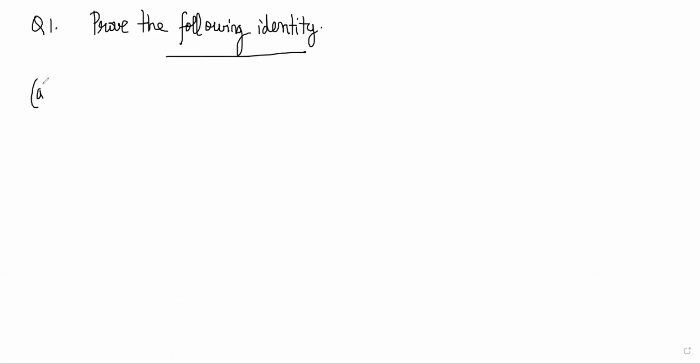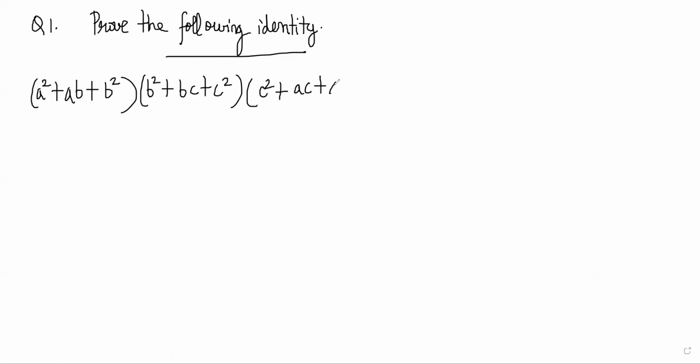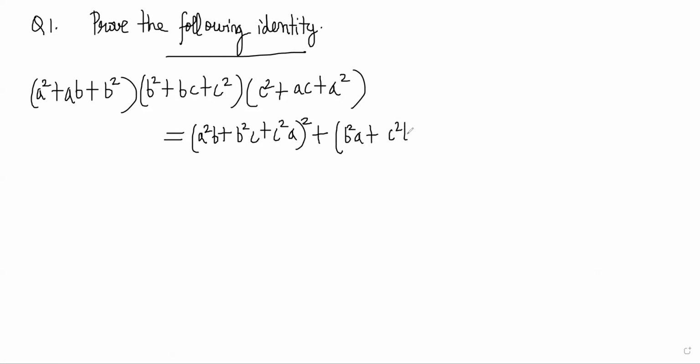So the identity looks like this: a square plus ab plus b square, multiplied by b square plus bc plus c square, multiplied by c square plus ac plus a square, is equal to, we have to show, (a square b plus b square c plus c square a) whole square, plus (b square a plus c square b plus a square c) whole square, plus (a square b plus b square c plus c square a) times (b square a plus c square b plus a square c).